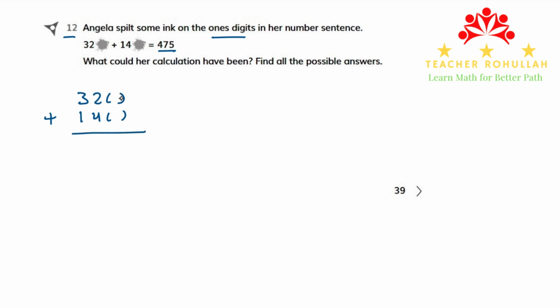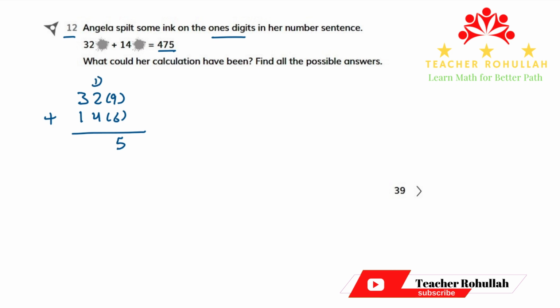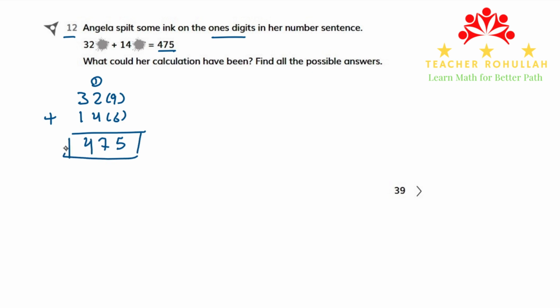One of the possible answers can be 329 plus 146. 9 plus 6 is 15. I write 5 here and carry 1 above the tens place. 2 plus 4 is 6. And 6 plus 1 is 7. And 3 plus 1 is 4. This is one of the possible answers.